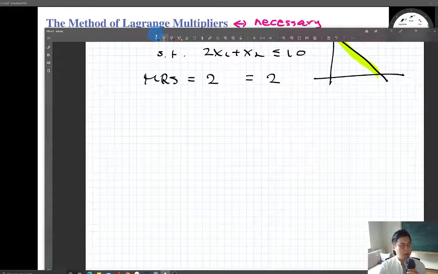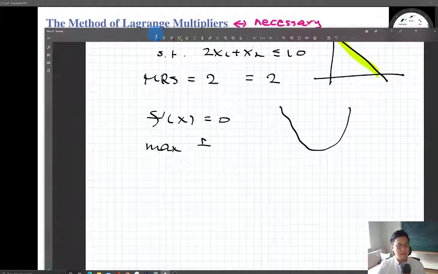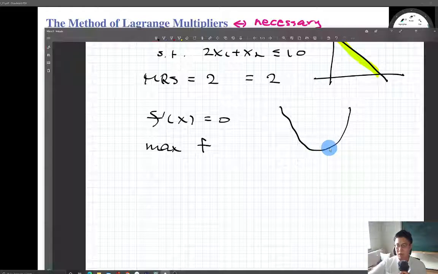Just like in the case of a single variable function, zero derivative is not a sufficient condition, but rather it is a necessary condition, right? Because we want to maximize this function f. But if the function is concave upward like this, at this point the function has a zero derivative, but the function is minimized rather than maximized.